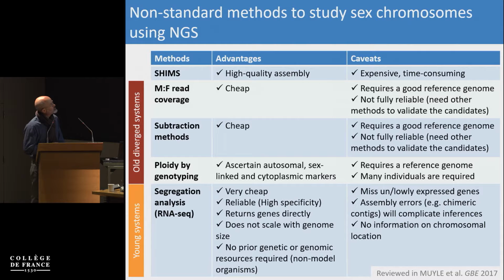So non-standard methods have been developed to study sex chromosomes. I'm not going to go through all of these methods, but some have been mentioned previously. Here you can maybe spot the male-female coverage ratio. Today I'm going to tell you more about this family of methods called segregation analysis methods.